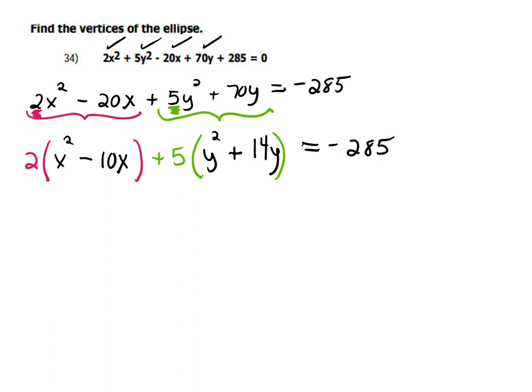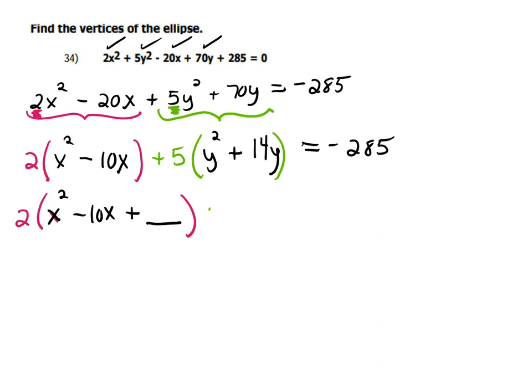Now we're going to complete the square. So I've still got this 2, and an x squared minus 10x, and then I'm going to put a plus blank right here.